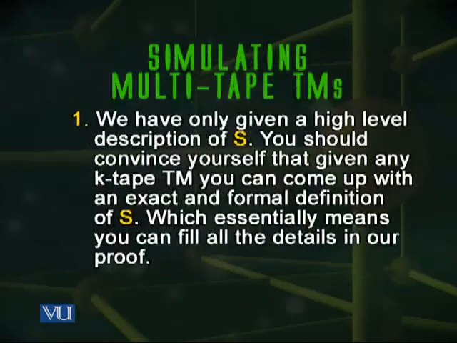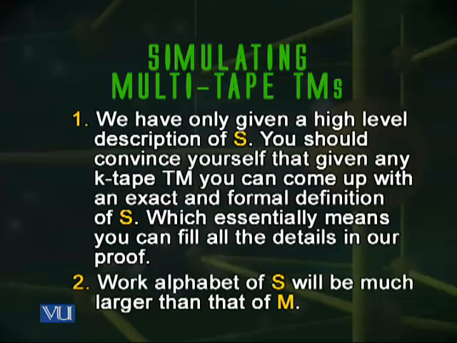A few words about this theorem. Notice that we have only given a high-level description of S. You should convince yourself that given any K-tape TM, you can come up with an exact and formal definition of S, which means you should convince yourself that you can fill out all the details of this proof.